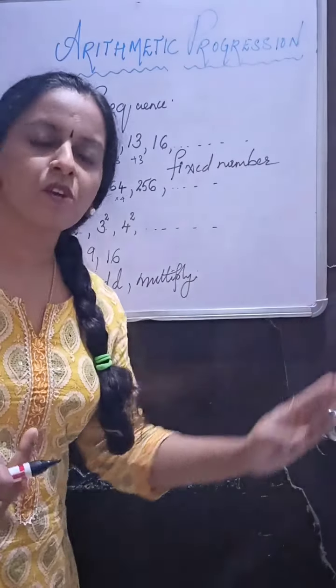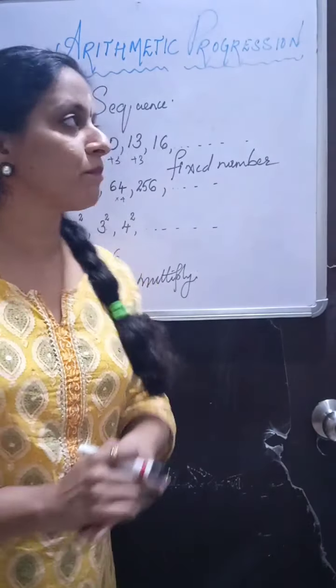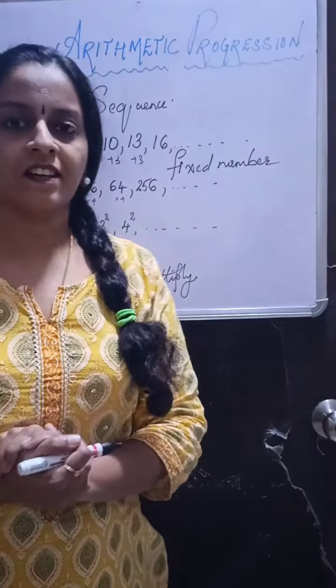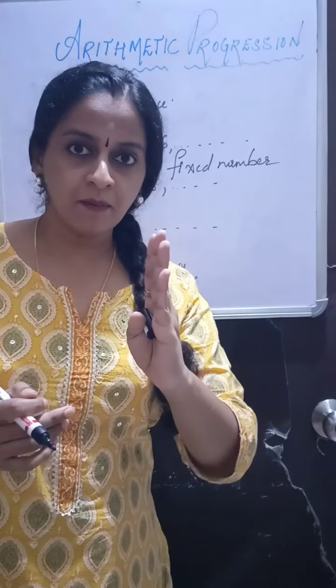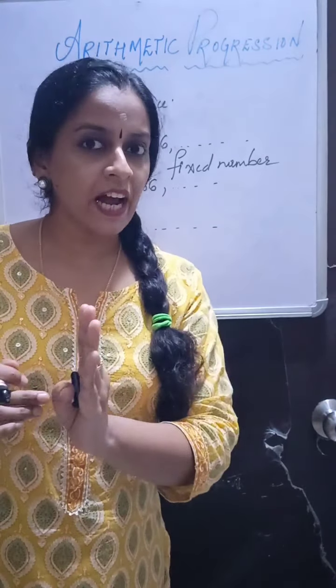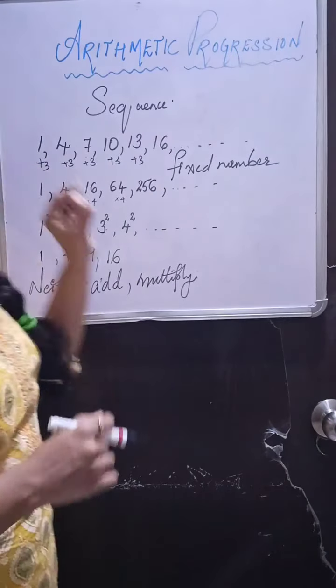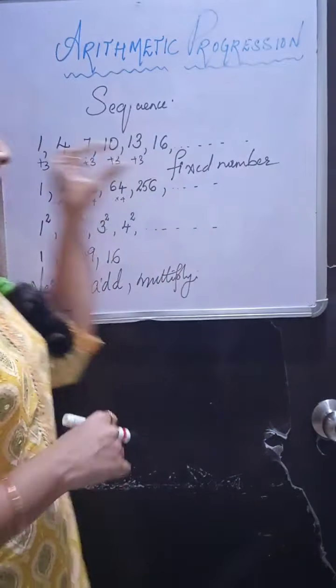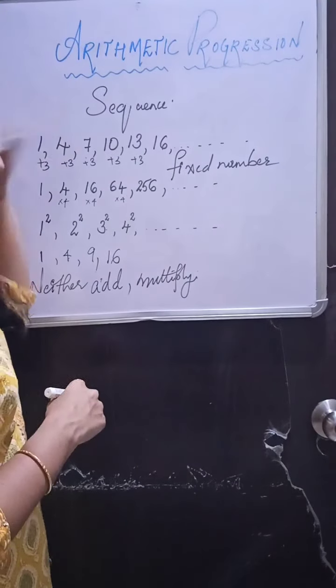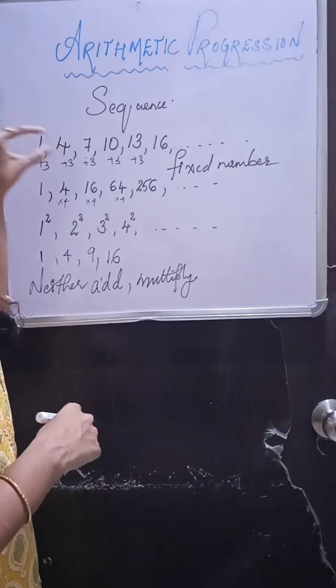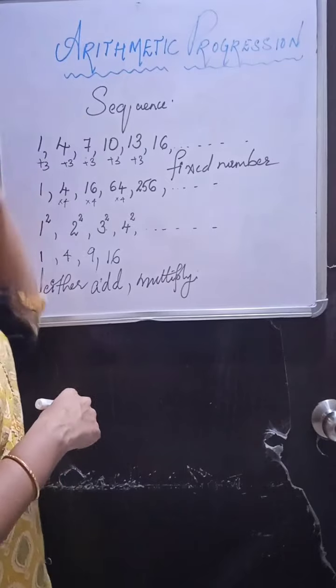This type of sequence is called an arithmetic progression. How will you get the second term? By adding a certain fixed number to the first term. By adding that same number to the second, you will get the third.